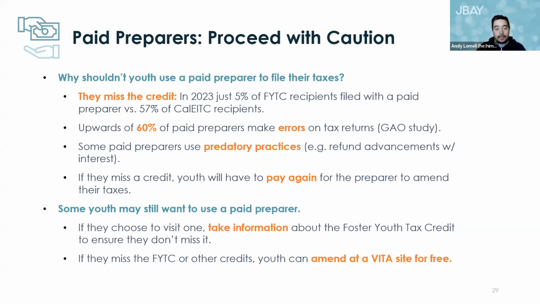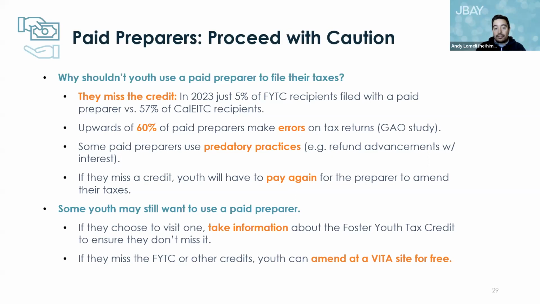First of all, in our research from this past year, just 5% of everyone who successfully claimed the FYTC filed with a paid preparer, as opposed to 57% of people who received the Cali ITC. So this just shows that if you're going with a paid preparer, a lot of them tend to miss the FYTC.